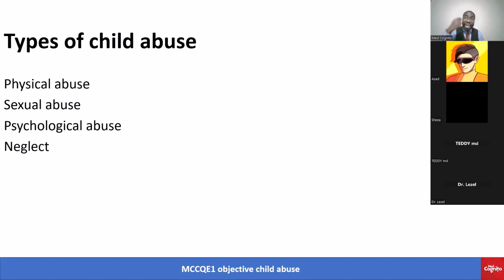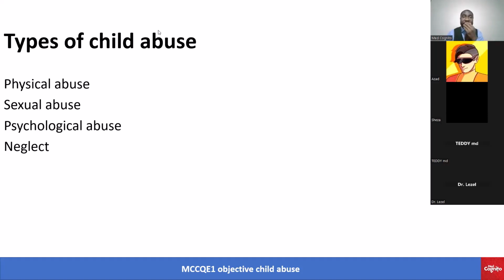So I will write it down. Types of child abuse are the things I'm going to focus on: physical abuse, sexual abuse, psychological abuse, and neglect.